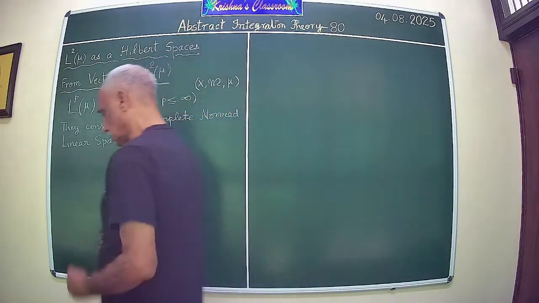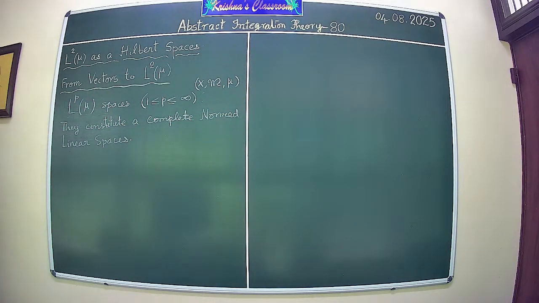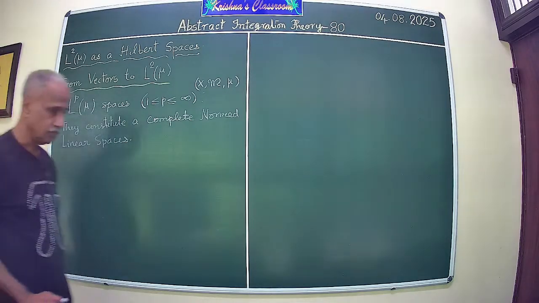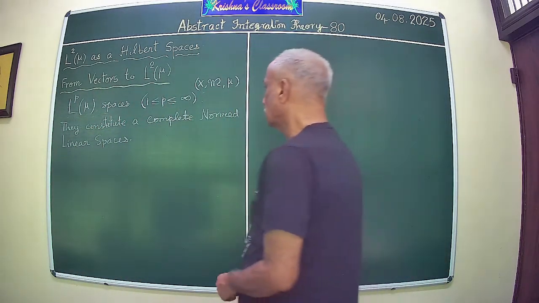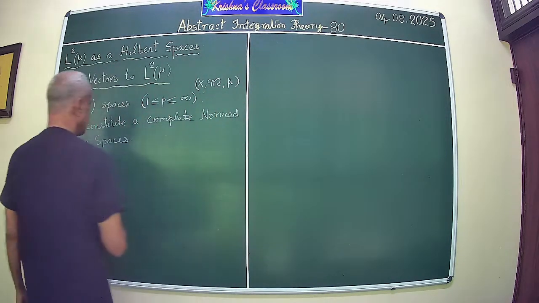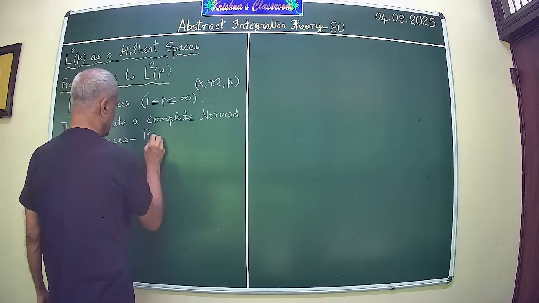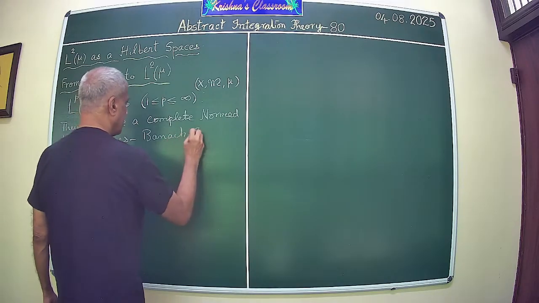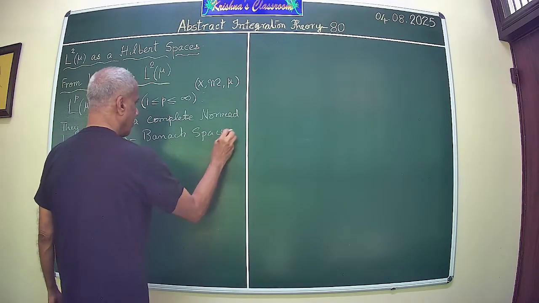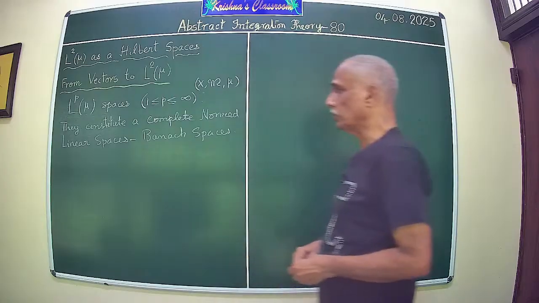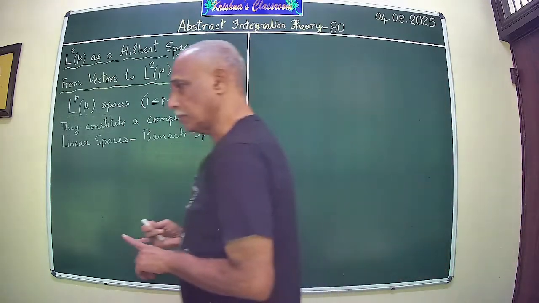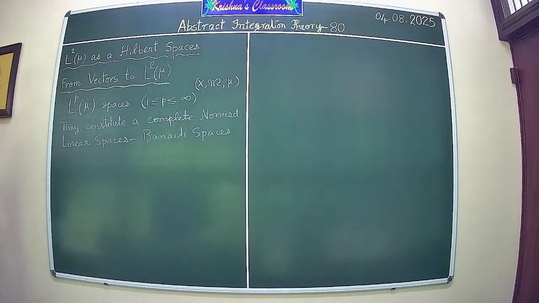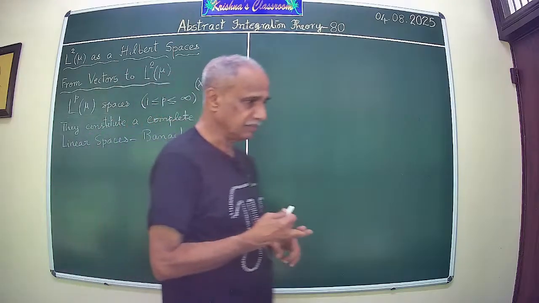Okay, now what we have is the following. Complete normed linear spaces are called Banach spaces. So we know the structure of LP spaces. It's a normed linear space. It's a complete normed linear space. Therefore, it's a Banach space. A nice ground on which you can play analysis.